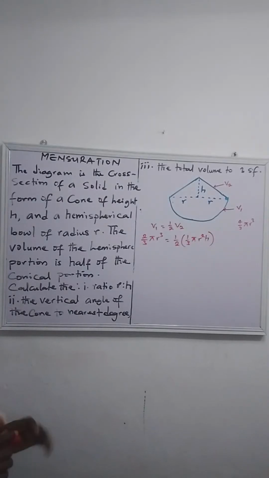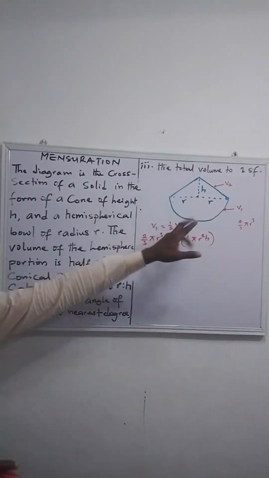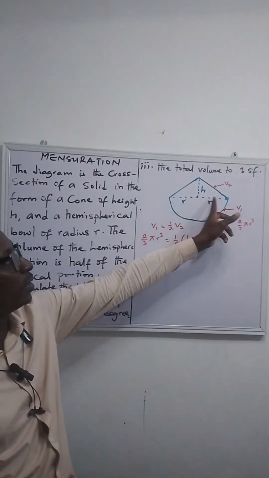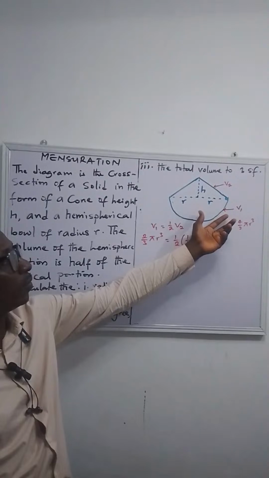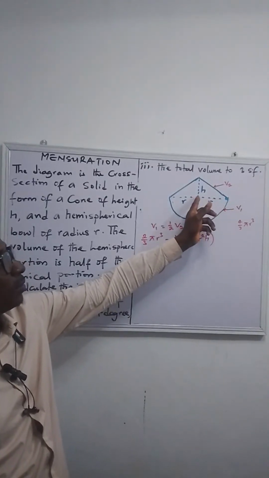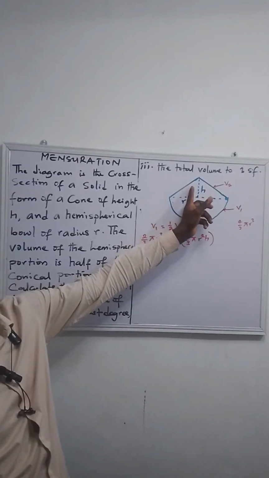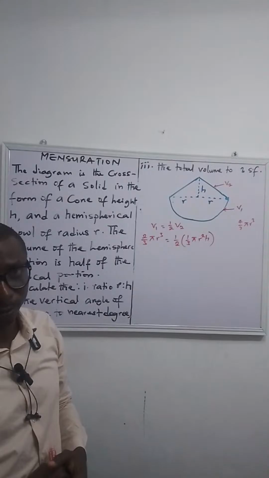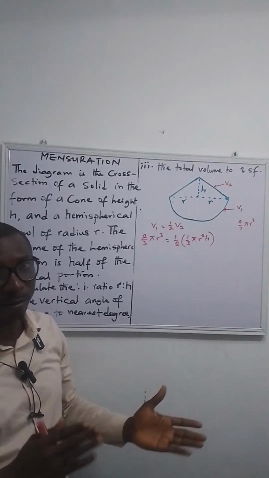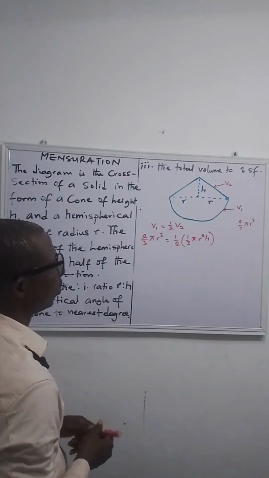Now, don't forget, in this composite shape, the radius of this hemisphere is the same as the radius of this cone as well. Do you understand now? So that means R will be equal to R. Let's see what we have now.